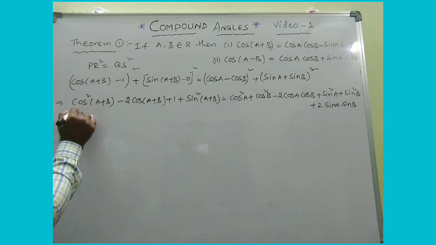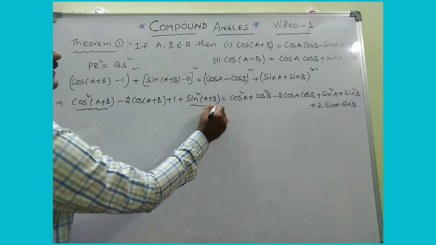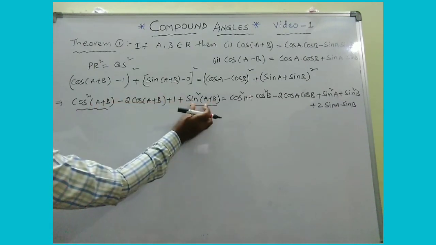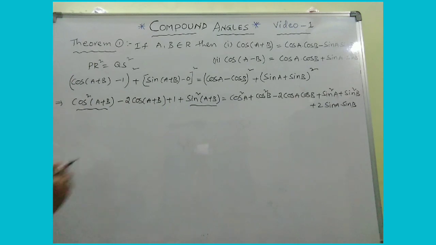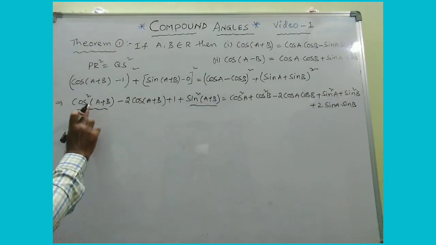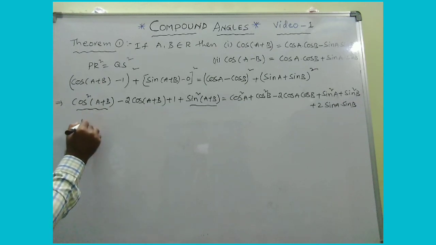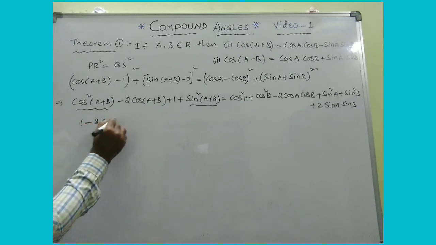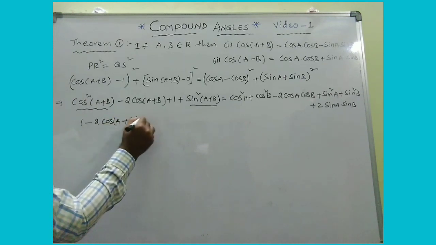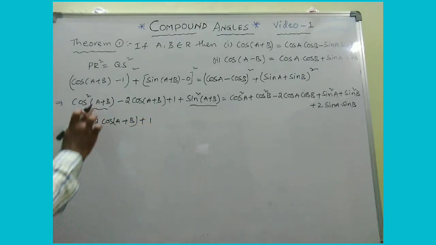So listen to this carefully. What is this? It's just like cos square theta plus sine square theta, isn't it? The angle is the same. That's why it's a standard identity, which is 1, and minus 2 cos of A plus B plus 1. Do you understand?